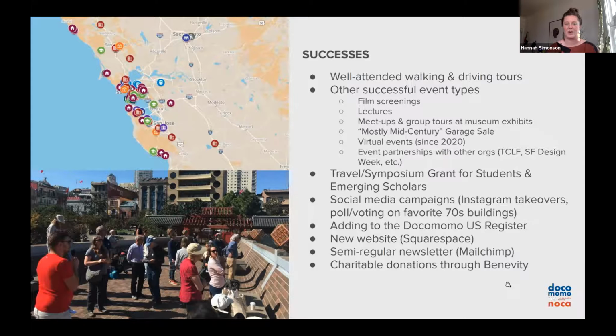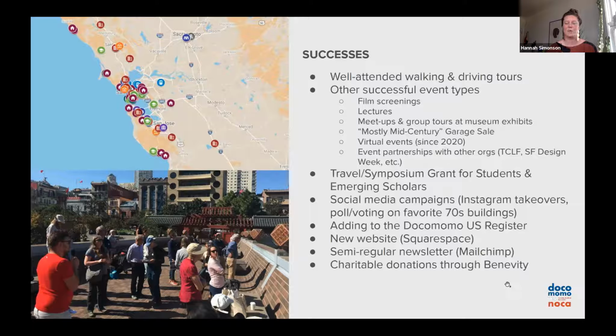And we've also done a number of partnerships with other organizations, usually in the form of walking tours, and those have been really successful. We've partnered with the Cultural Landscape Foundation, San Francisco Design Week, and a couple of other organizations.